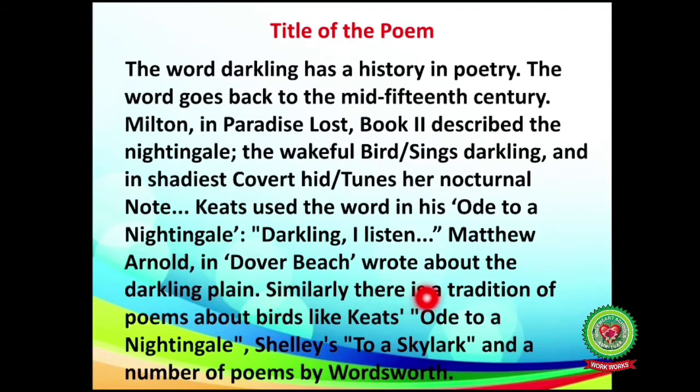Similarly, there is a tradition of poems about birds like Keats' Ode to a Nightingale, Shelley's To a Skylark, and a number of poems by Wordsworth. So many poets have written poems about birds, like Ode to a Nightingale by Keats and To a Skylark by Shelley, and many other poems by William Wordsworth.